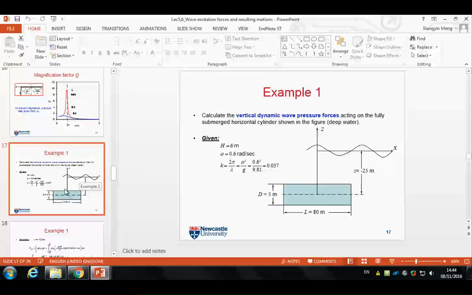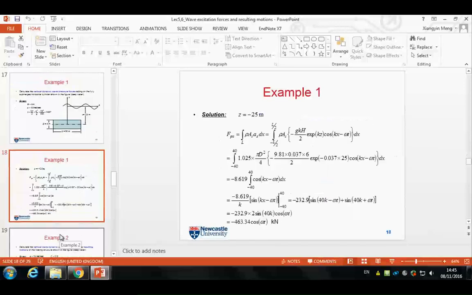The reason why they always divide the length into two, minus, in the integration.